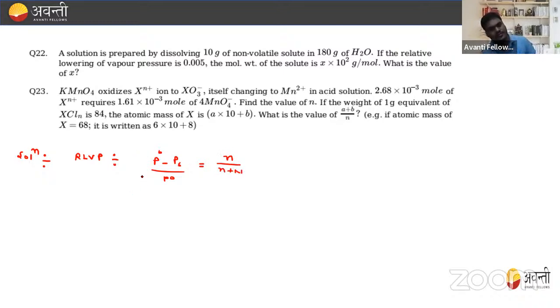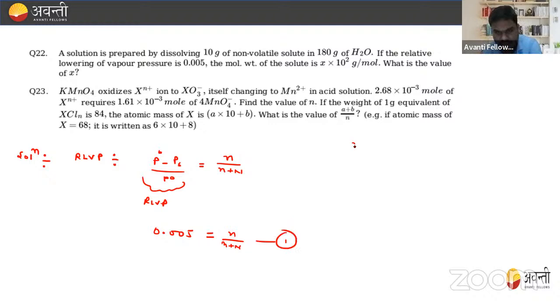This formula we already know. This is entirely known as relative lowering in vapor pressure. So this value is already given, which is 0.005. Now you have to calculate small n and capital N. So let's calculate these and put the values in equation 1, and you get the answer.